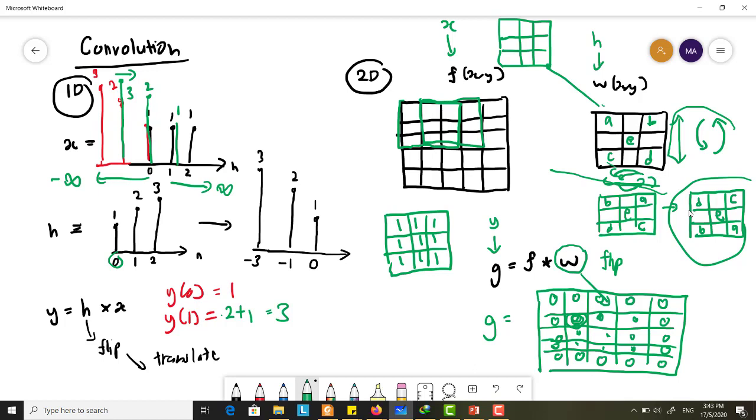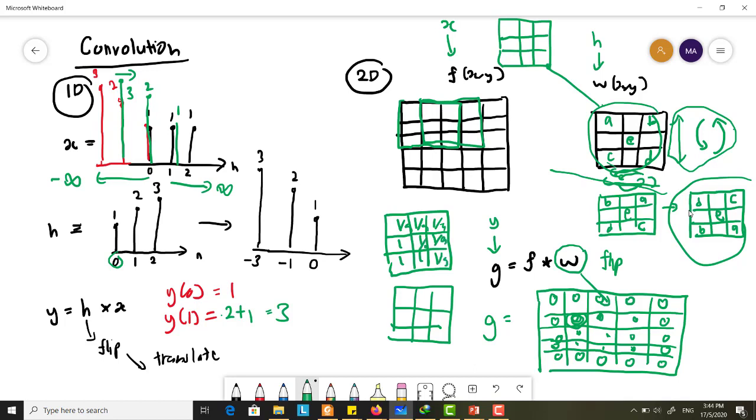It has been skipped because normally the nature of this filter is that the coefficients are always in a symmetrical structure. So doesn't matter if you flip or not, you still get the same value. So that is why we skip the flipping operation in two-dimensional signals. So this is averaging. And if some of you remember, this one should be 1/9. It's not 1/1. It's 1/9.